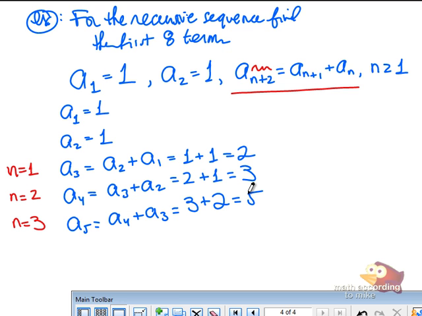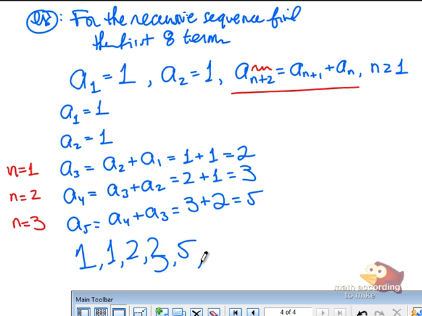Without telling me the name of this sequence, if you happen to know that as well, what is going on? How do you find the next term? You add the previous 2 terms. So let's zoom ahead. We start off with 1, 1, 2, 3, 5.